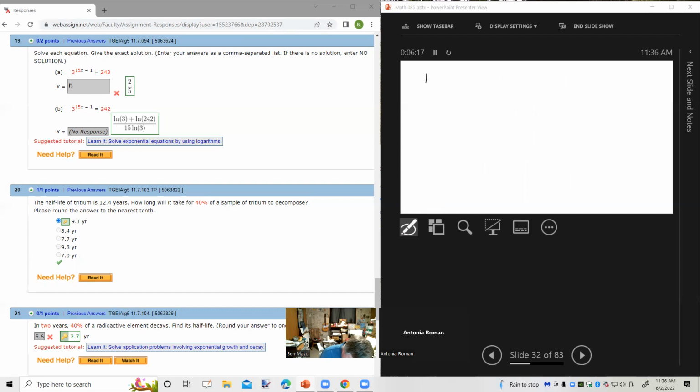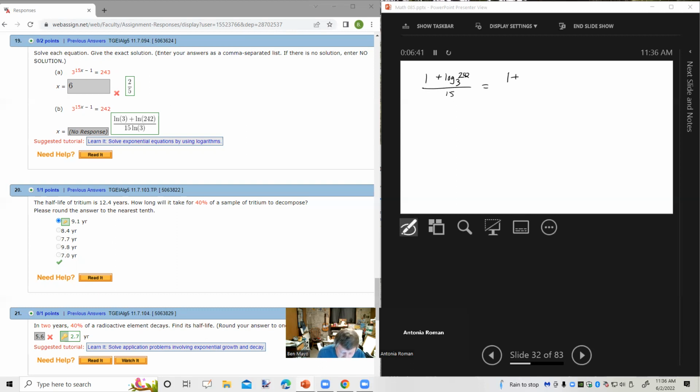So I've got 1 plus the log of 242. Okay. All right. So the next thing I'm going to do is rewrite this using the change of base formula.